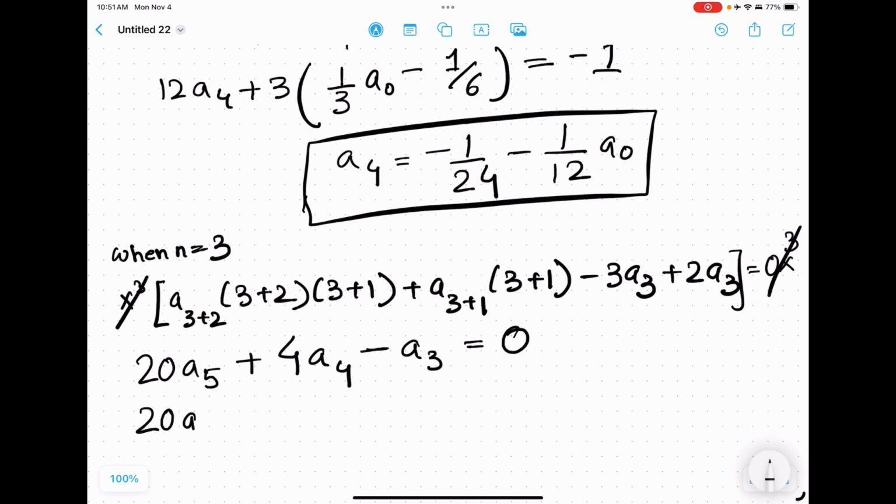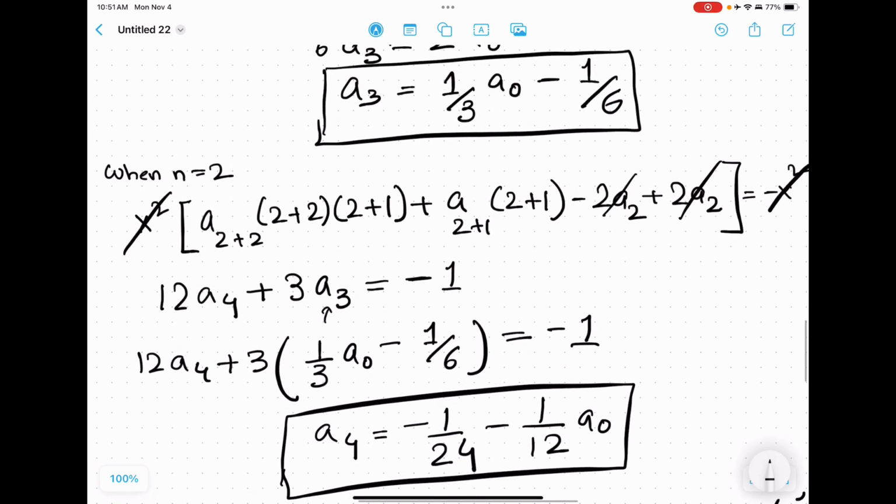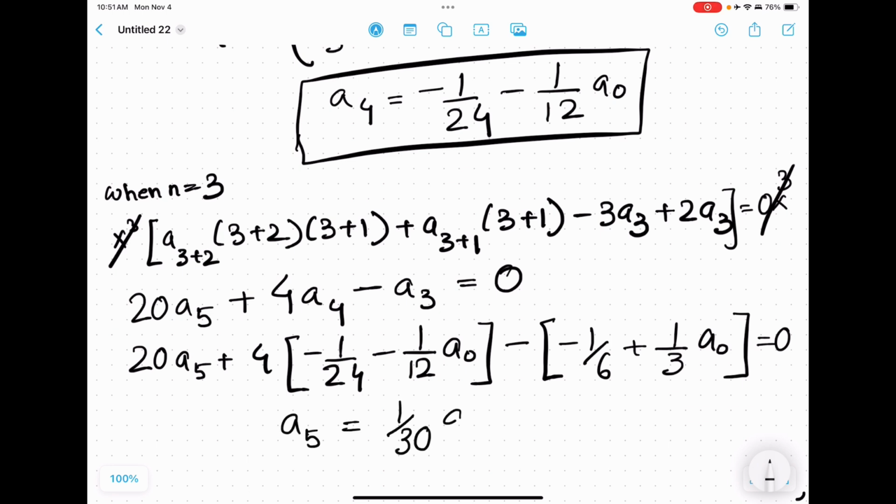If I plug in those values, I have 4 times negative 1 by 24 minus 1 by 12 a sub 0, and then my a sub 3, which is negative 1 by 6 plus 1 by 3 a sub 0, just making sure all my coefficients stay in the same place, equals 0. Now if we simplify all of that, I get a sub 5 equals 1 by 30 a sub 0.